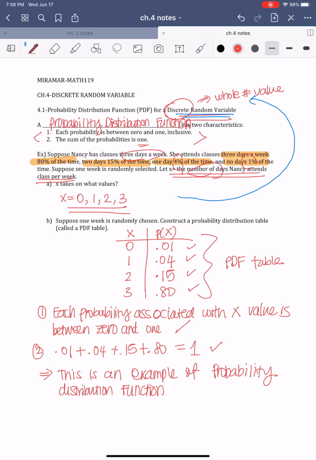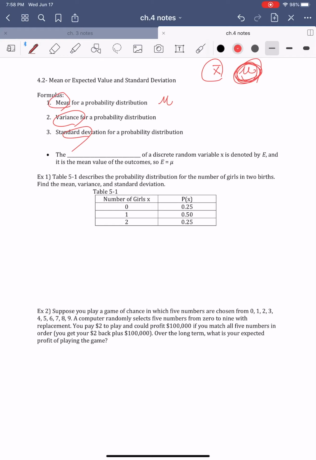It's not a sample. There's nowhere in this example that tells you a sample size of 100 or sample size of 5 weeks. Suppose 1 week is randomly selected. It just mentioned that there's 1 random week that they picked, and this is the whole thing that is happening within that week. So the appropriate mean will be a population mean. So in chapter 4, we are going to start using the population, not the sample.